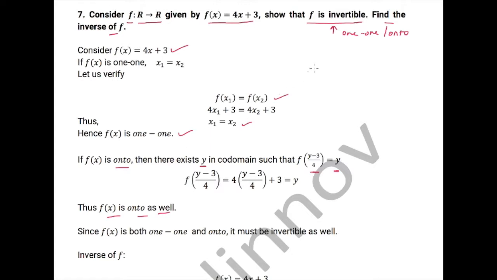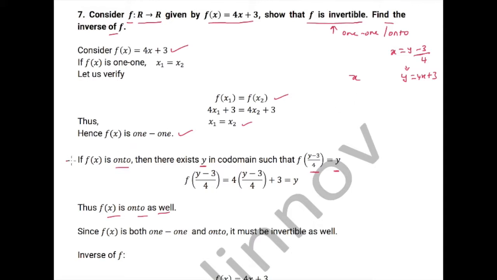How could you say that? Let's say this is x and this is y, which is equal to 4x plus 3. So from this I get x equal to (y minus 3) by 4.